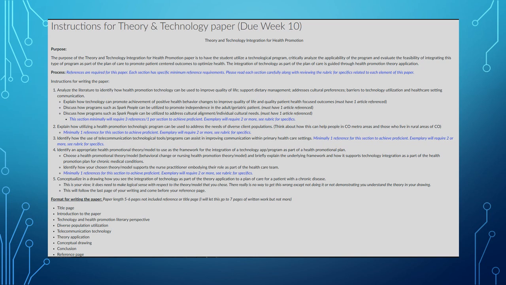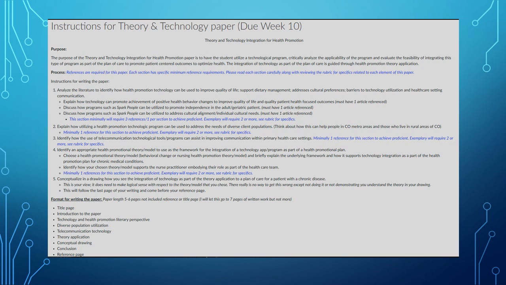The 4th one, identify appropriate health promotion theories. So this is where drawing out that theory in your prior assignment this week will be helpful to you. So you're going to identify a theory, and from that theory, I want you to briefly explain the underlying framework and how it supports technology being integrated as a health promotion part of the plan.